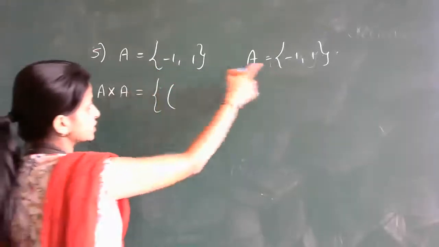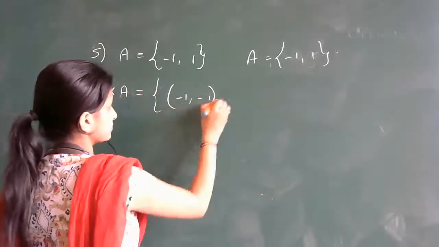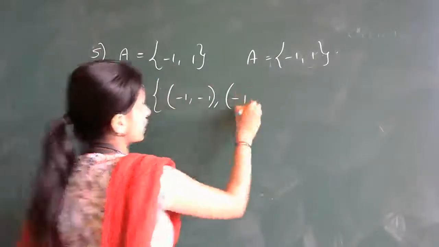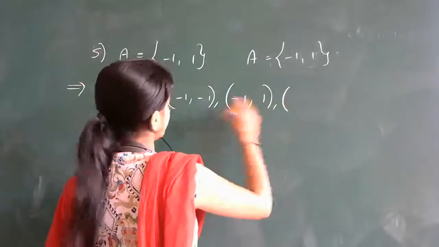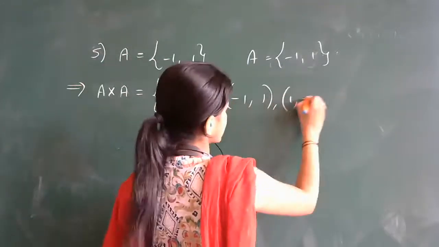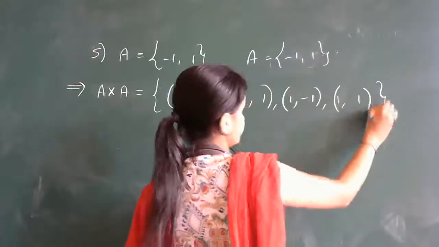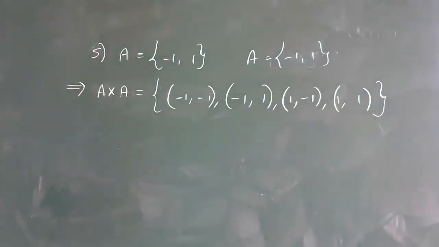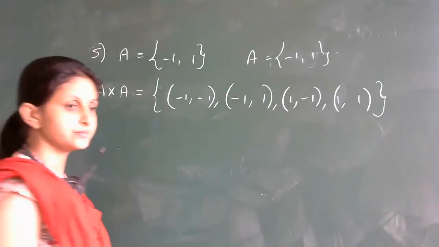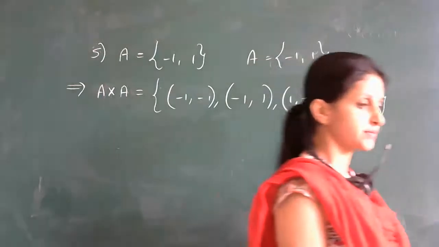First one will be minus 1 comma minus 1. Next minus 1 comma 1. Next 1 comma minus 1. Next 1 comma 1. So these will be the 4 elements in my Cartesian product A cross A, right? Do you all agree with this?